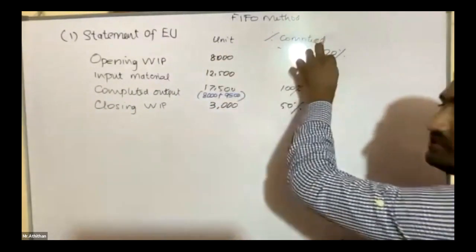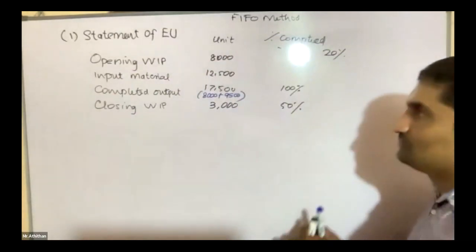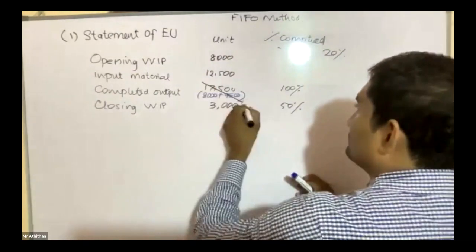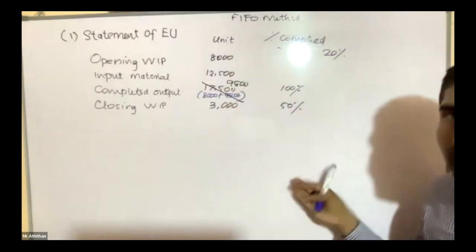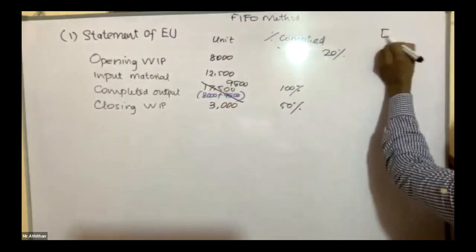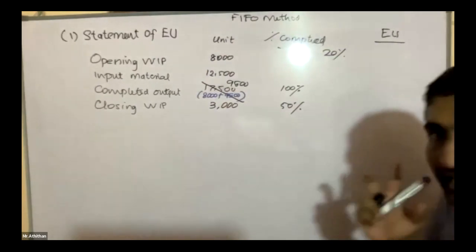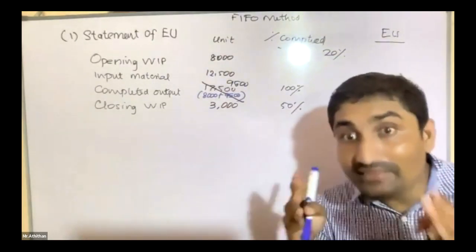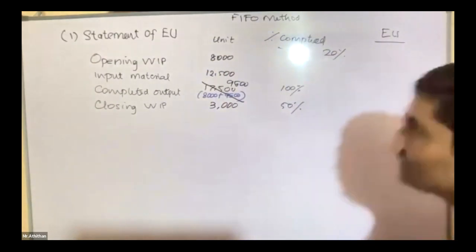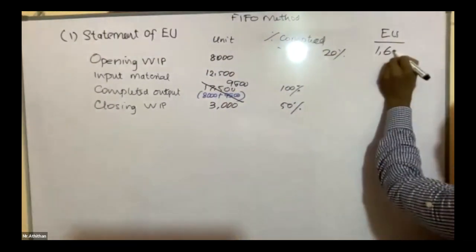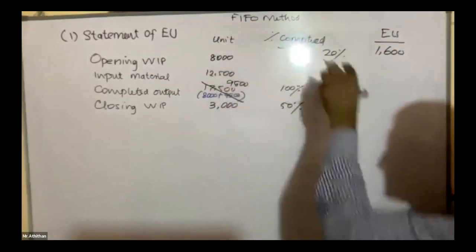This 8,000, so we will remove that. 9,500. Right. So equivalent units. How many equivalent units we process this time? இந்த கால பகுதியில நாங்கள் process பண்ணியிருக்கிற equivalent units எவ்வளவு? 1,600. எப்படி? 8,000 multiplied by 20%.